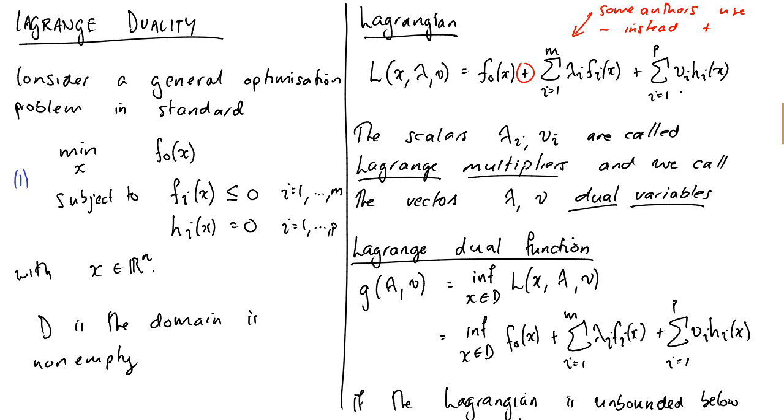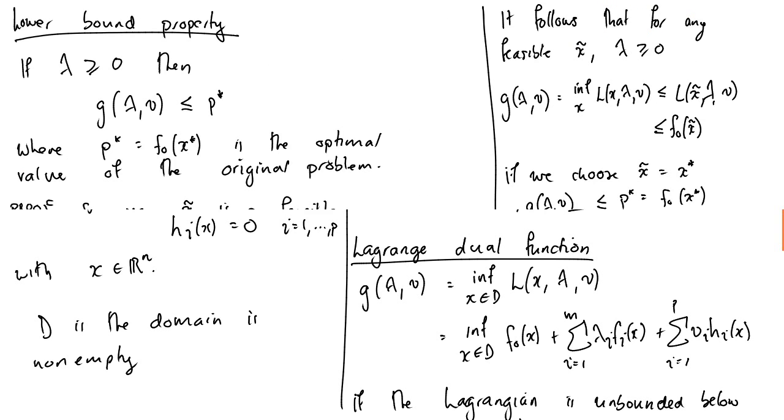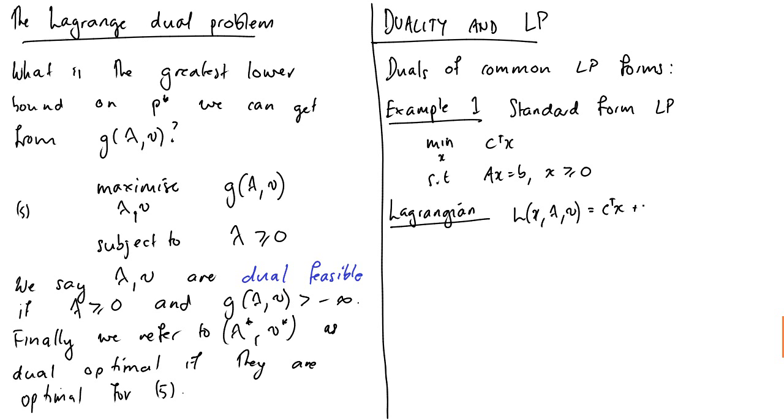I'll do the equality ones first. Every equality constraint equals 0 has to be multiplied by an element of nu. So the way we do this, for our matrix form, is like this. Nu transpose has to be the equals 0 form, so Ax minus b. If you expand that out, you basically get one element of nu multiplies one equation, Ax equals b.